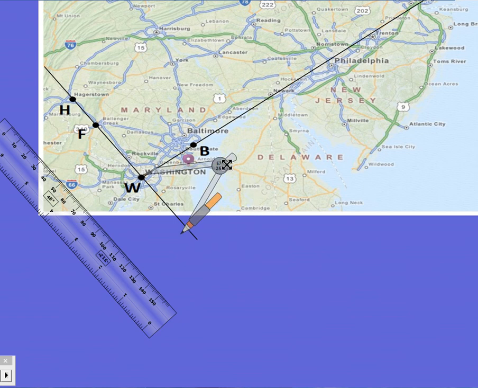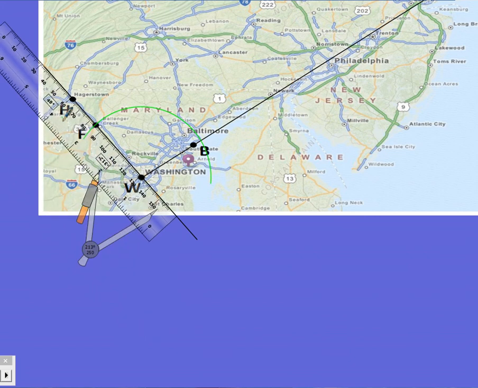I'm going to make an arc. Let's put it in something I can see better. Maybe green. Okay, so we're going to move this so it's right where we want it. I need it to cross the line and cross this line, right? It needs to cross both here and there. Oh, I see that this is not going to be long enough, so I need to extend this line.